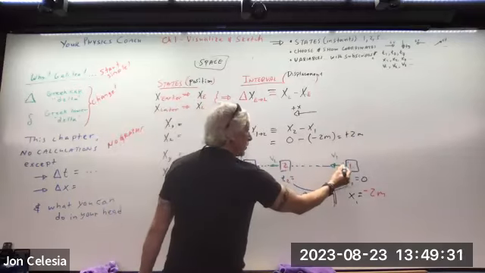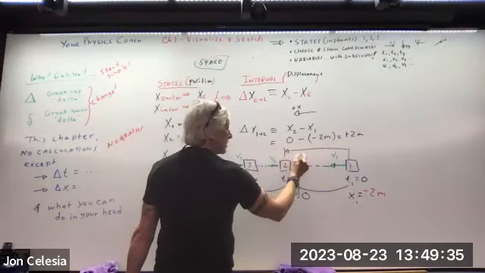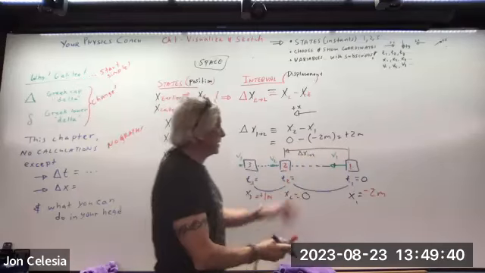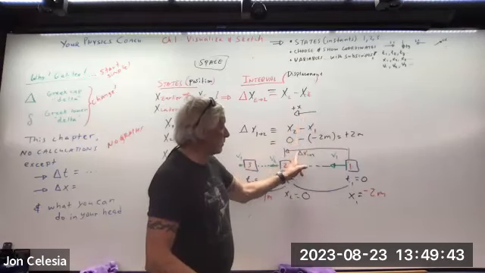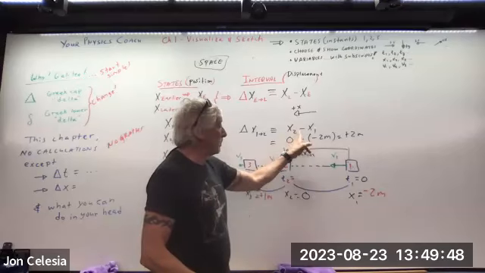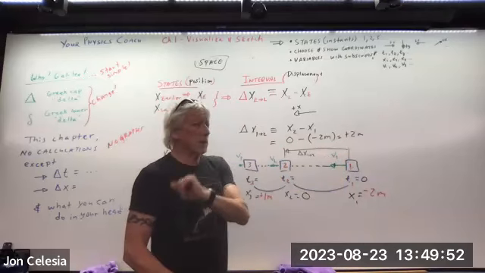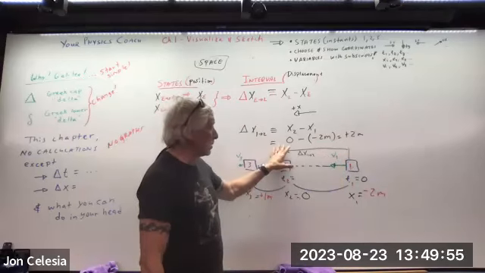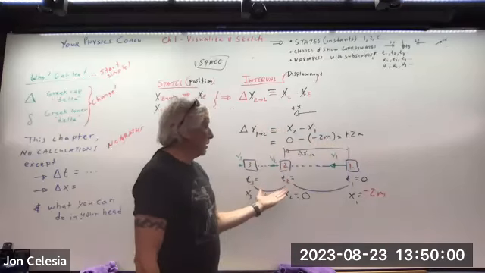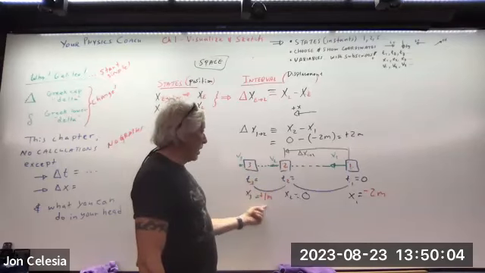And notice that when I went from 1 to 2, delta X 1 to 2 is in the direction I called positive. And it is 2 meters in the positive direction. And the math worked that out. It doesn't get too much more complicated than the stuff that we're going to do here. And so it works. And then, of course, 2 to 3 is going to be plus 1 meter.